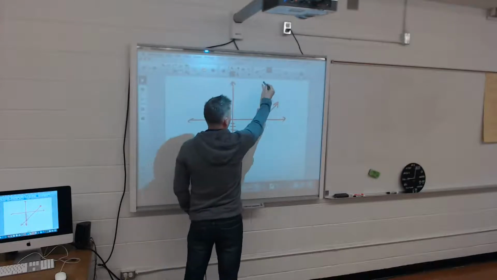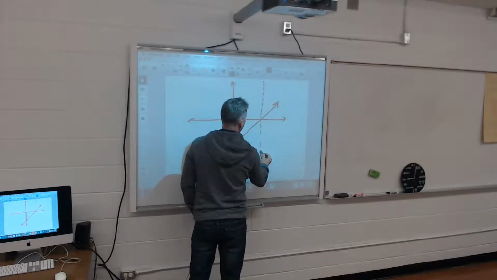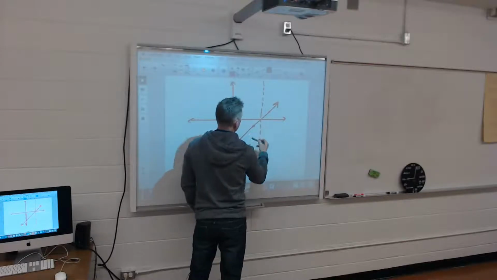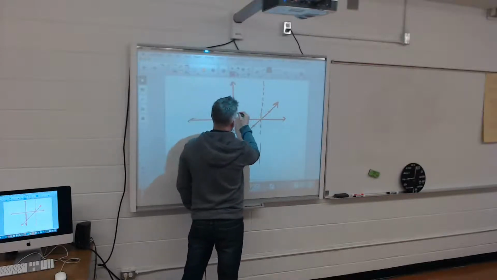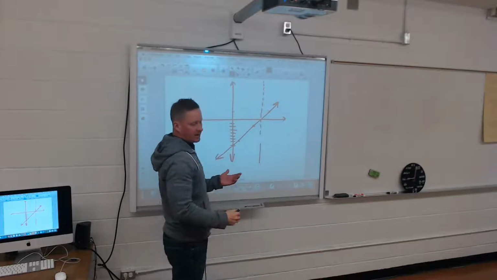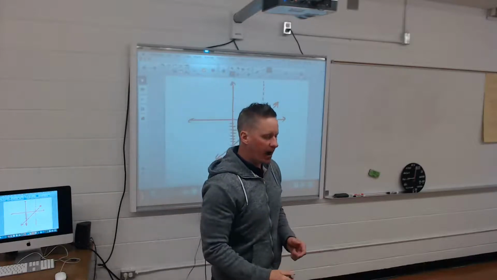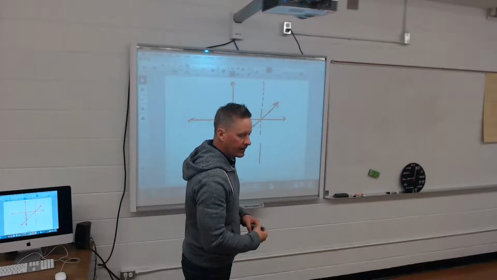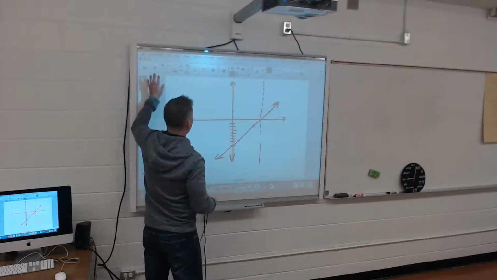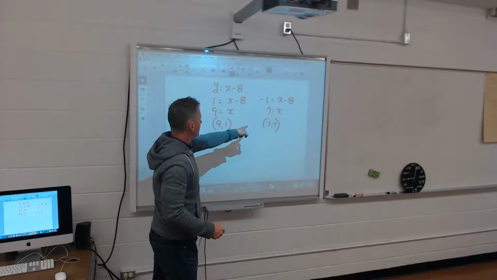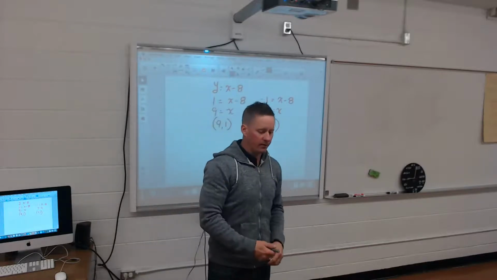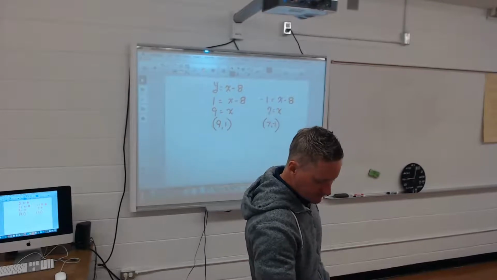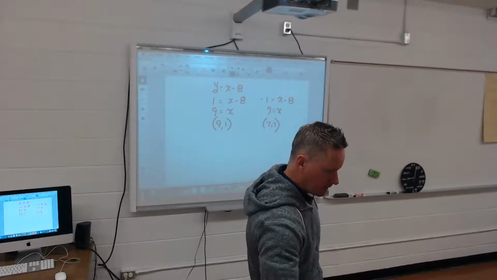My asymptote is right here. There's my invariant points there, so negative 1 and 1. They're not as easy to see. If you graphed it on graph paper, no problem, you would easily find it. But if you're not going to graph it on graph paper, then the algebraic way to do it is just to substitute in 1 for y and solve for it. Okay. Thank you. You're welcome.